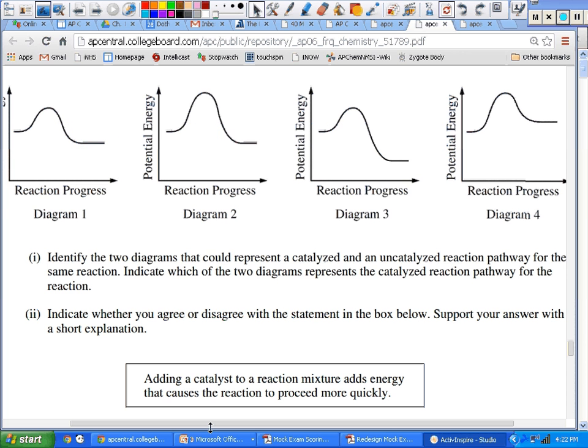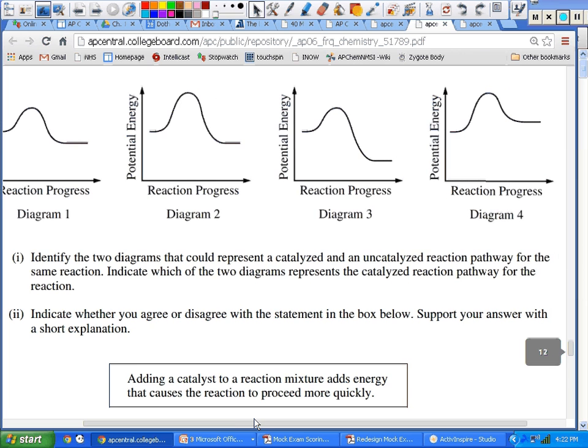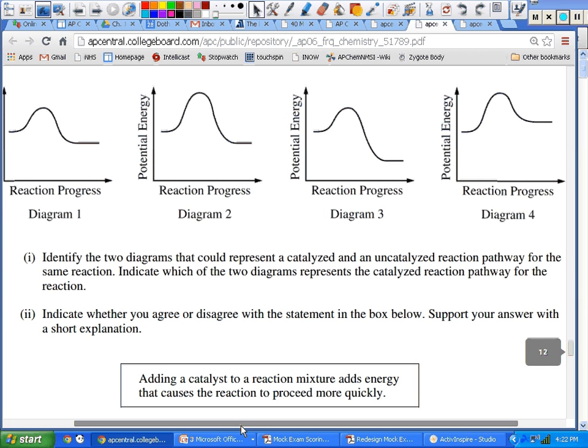Indicate which of the two diagrams represents the catalyzed pathway for the reaction. What do we know about a catalyst? It lowers the activation energy. So essentially what we're trying to find is which hill has been altered, correct? Does the initial and final change any at all? No. The initial and final do not change at all.